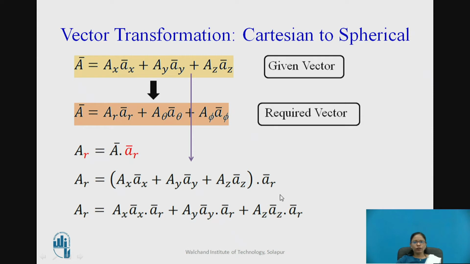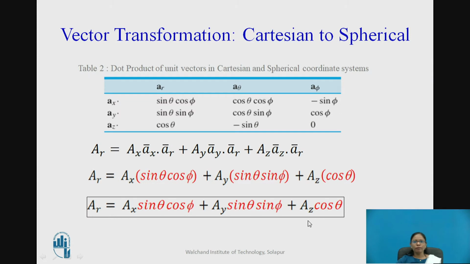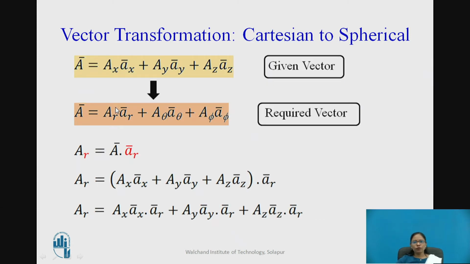When I take the dot product, it is ax bar dot ar bar, plus ay bar dot ar bar, plus az bar dot ar bar. Now I know the dot product of ax dot ay equal to 0, ax dot az equal to 0, and ax dot ax is 1, but I don't know the dot product of one coordinate system with another coordinate system.